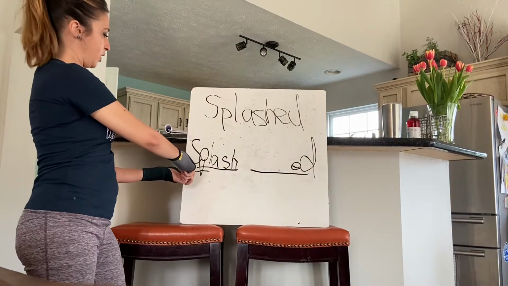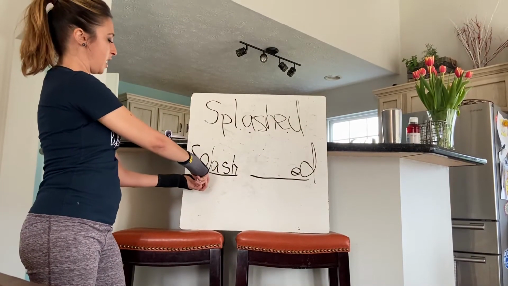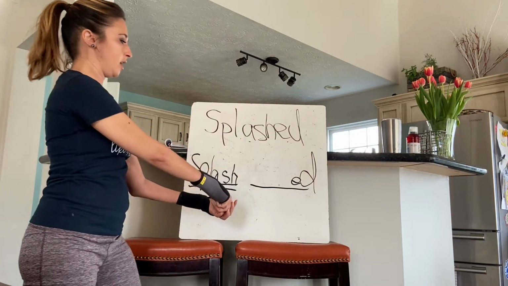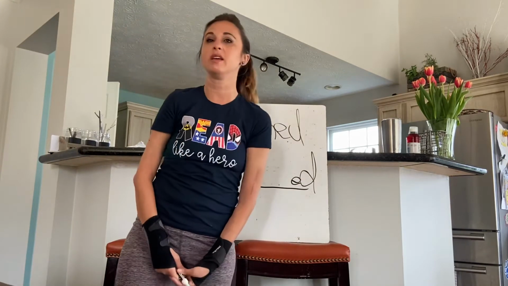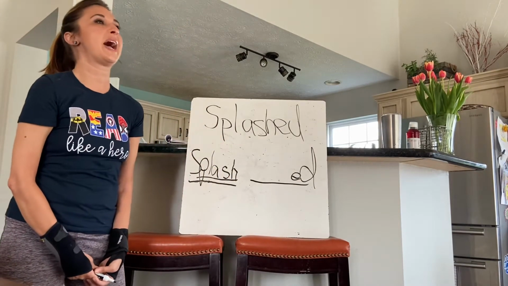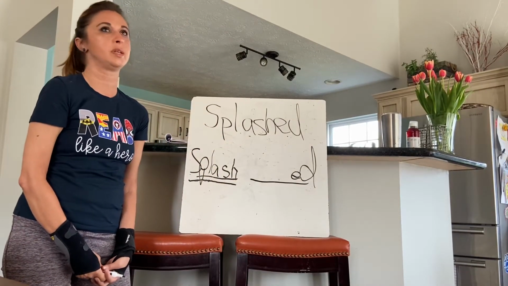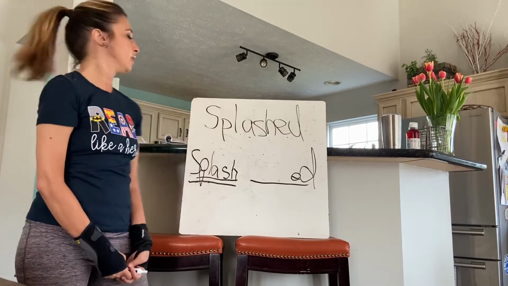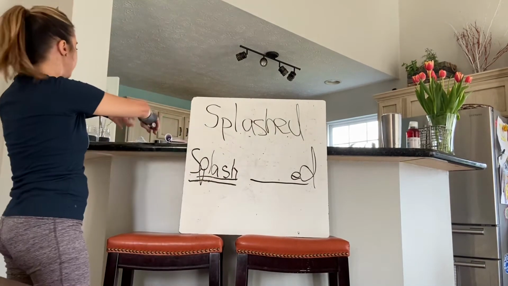So now I know that this says spl, a, sh. And then we have the suffix ed, which just says d or id. Splashed. Sometimes it can even sound like a T, the suffix ed. Splashed. The word is splashed, like what you would do in a pool.